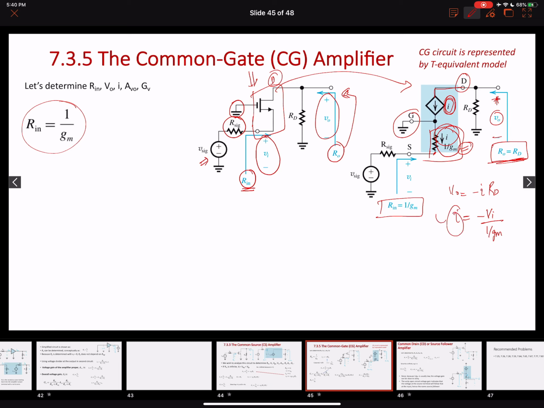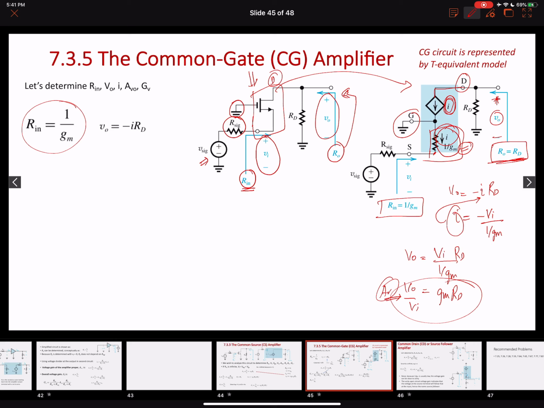So I can put down this value over here. Our V naught will become equal to minus I, so it will be VI over 1 over GM into RD. So V naught over VI equals GM into RD.